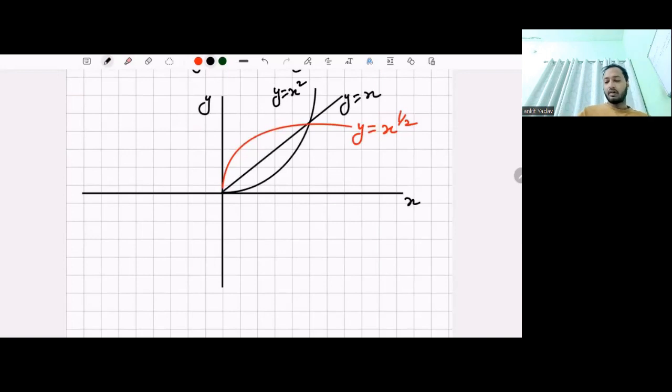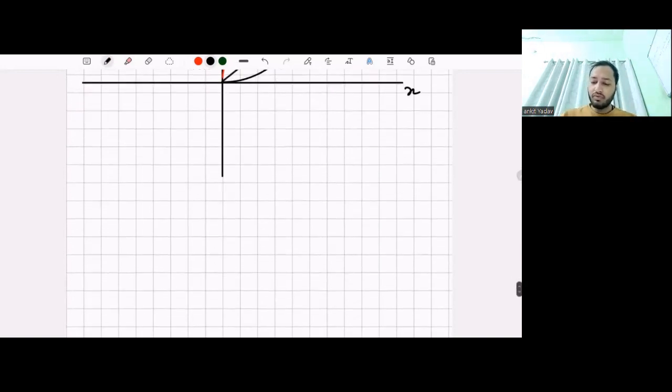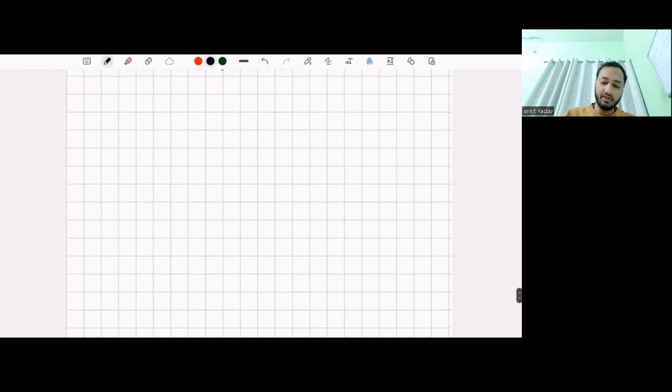ठीक है. Now I want you to pause the video here and please try making the graph of y is equal to x की power 1/3. ठीक है. Pause the video and try the solution. If you don't know, then please go ahead.